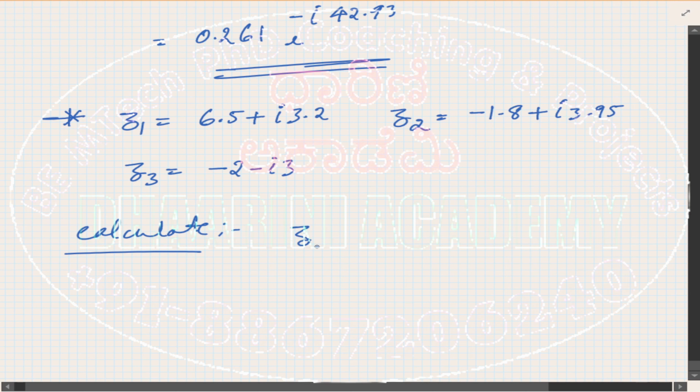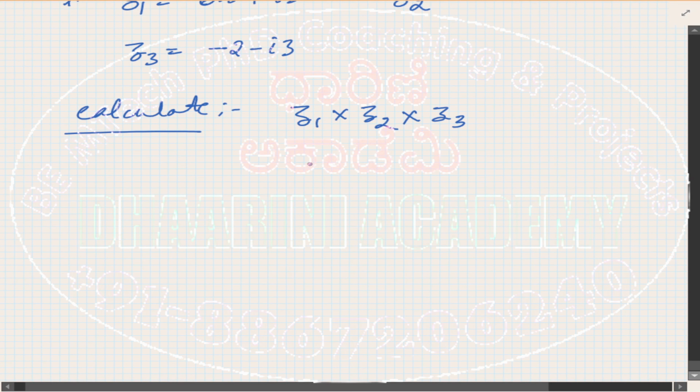First question is Z1 into Z2 into Z3. Then calculate Z3 by Z1 into Z2. And the next one is Z1 Z3 by Z2.